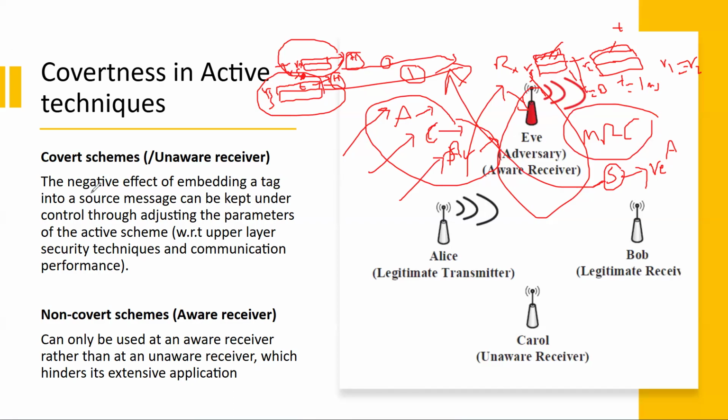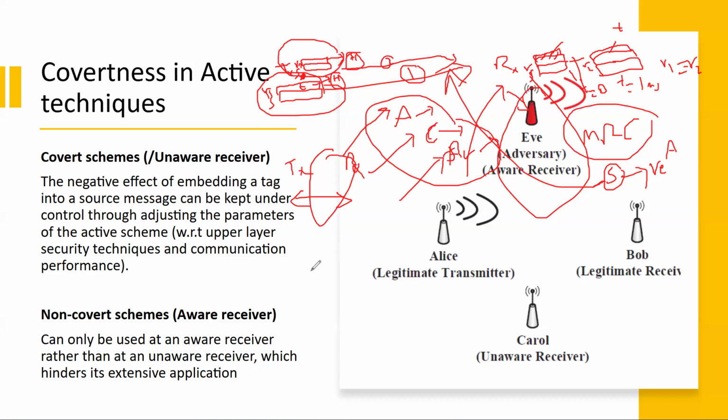Now we have something called covered schemes and non-covered schemes. Covered schemes, a covered communication means the transmitter and receiver are communicating with each other in a way that nobody in between here knows that there is communication. It's hidden communication. Where do they hide it?